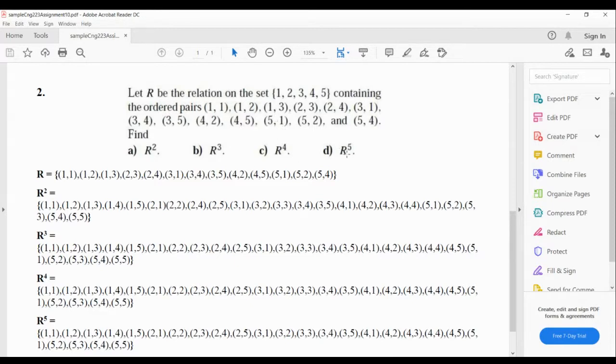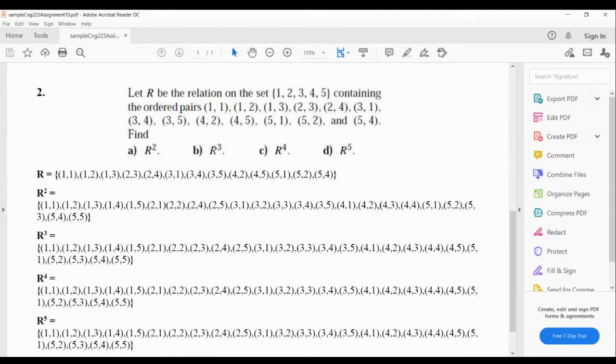And another thing is that when you see R5 and you continue, for example, find out what R2 is, what R3 is, what R4 is, and none of them are equal to each other, you don't find any trend, then we have no other choice but to also calculate R5. But sometimes, as I mentioned in the lecture, you would notice that R3 and R2 are exactly equal. They have exactly the same elements. If that's the case, then R4 and R5, all of them will be equal to R2 and R3 as well.